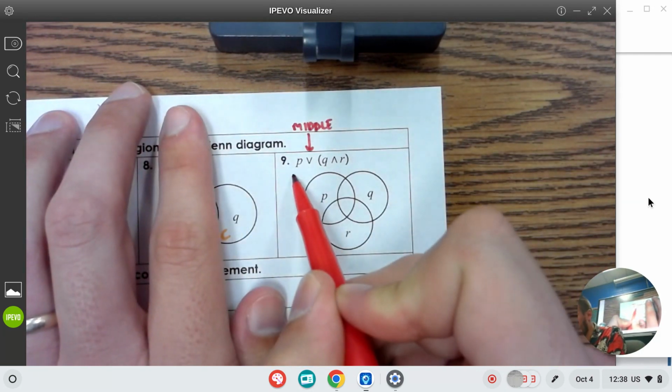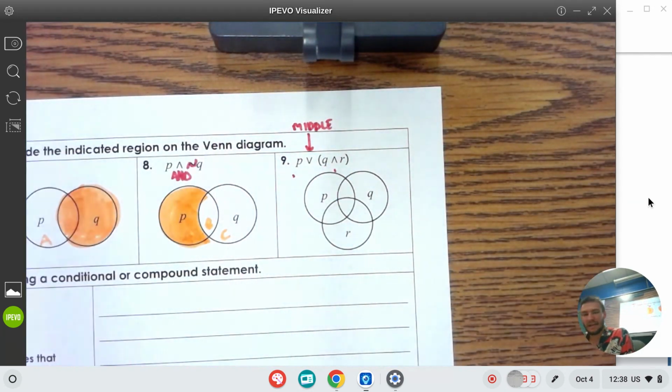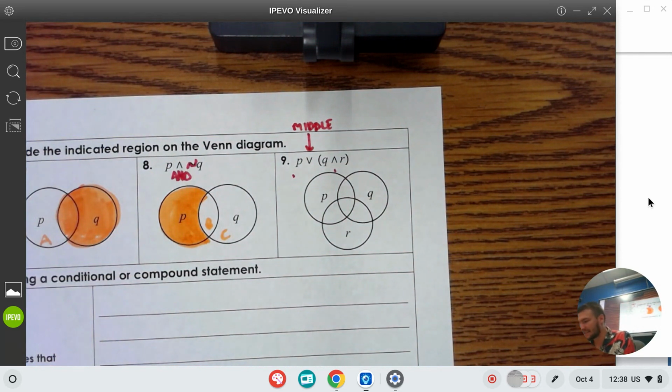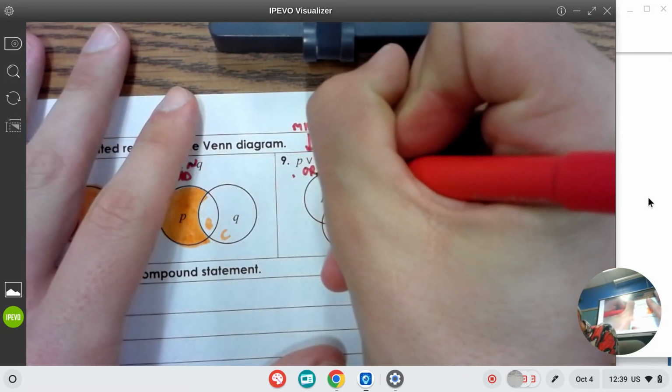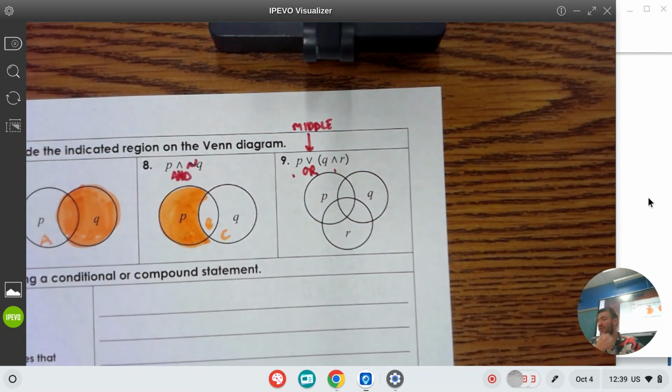We have the left side, we have the right side. In the middle, is that an and symbol or is that an or symbol? That is an or symbol, okay? The or symbol, if we think back to the front, where I got the front, there it is.